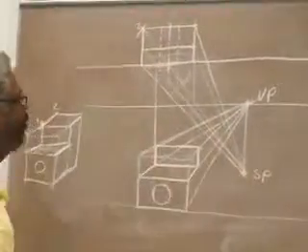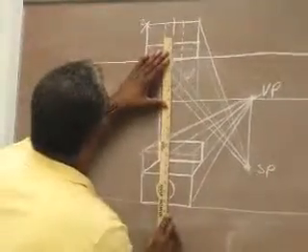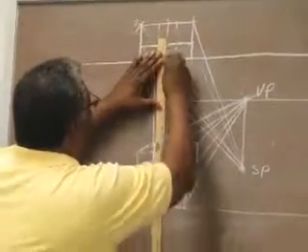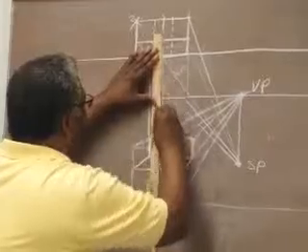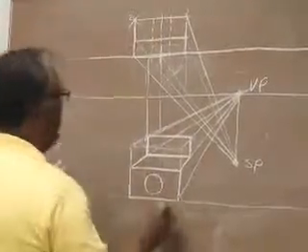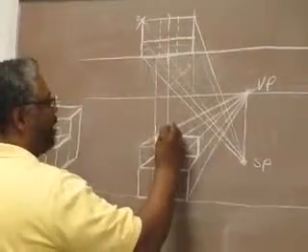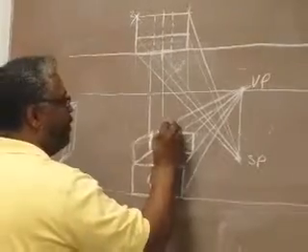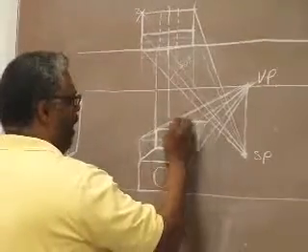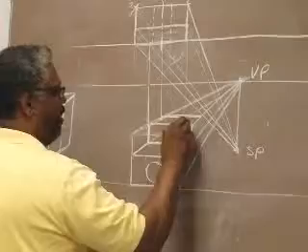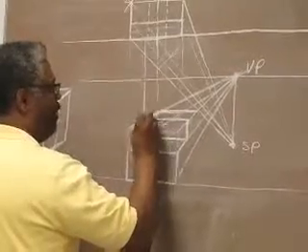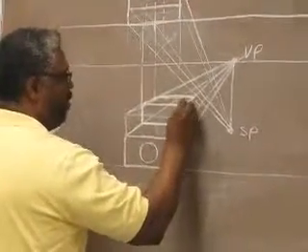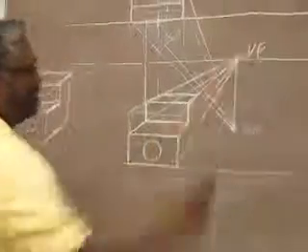Where it crosses your picture plane, you bring it straight down again. And where it hits here, it locates the back surface. Now, I might get a little bit of a distorted view of this because I was eyeballing my setup and stuff, but that's my back corner.